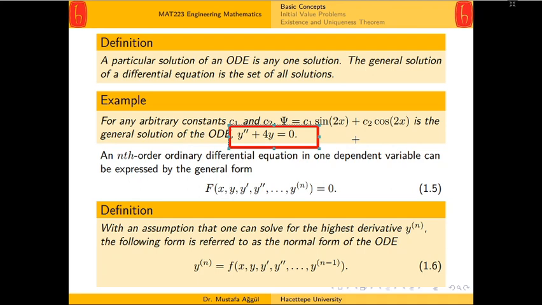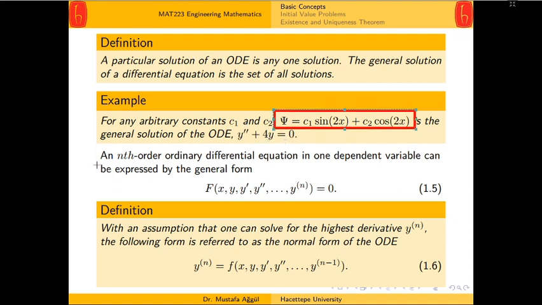Okay, you can verify this fact just by substituting the solution into the ODE and seeing if you really get an identity or not. So this is the way to show it's a solution. How we can show it's a general solution is a matter for future lectures. So you just need to believe me, this is the general solution to the ODE given by this expression.